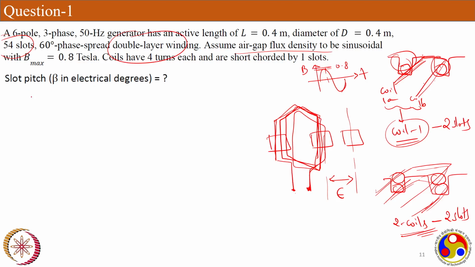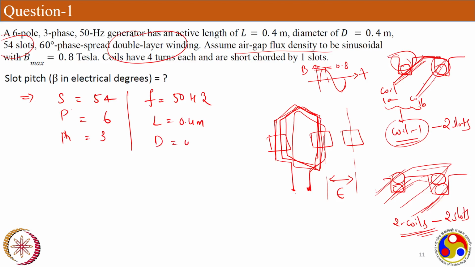So let's write down: slots equals 54 and poles equals 6. Phases equals 3 phase, frequency is 50 hertz, L is 0.4 meter, D is 0.4 meter, and 60-degree phase spread.